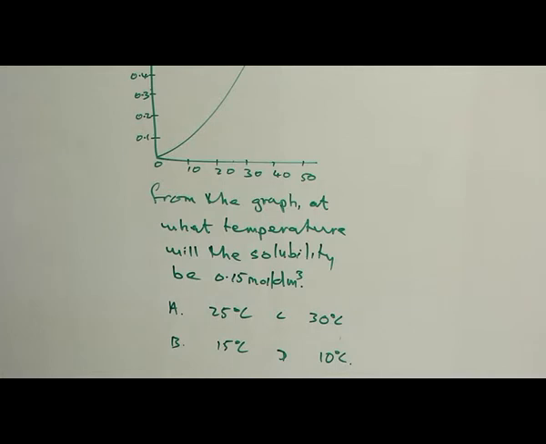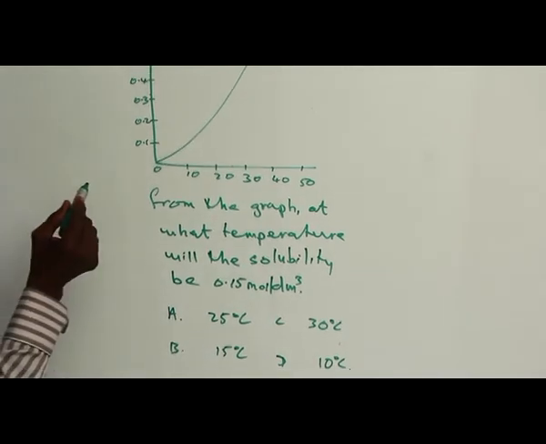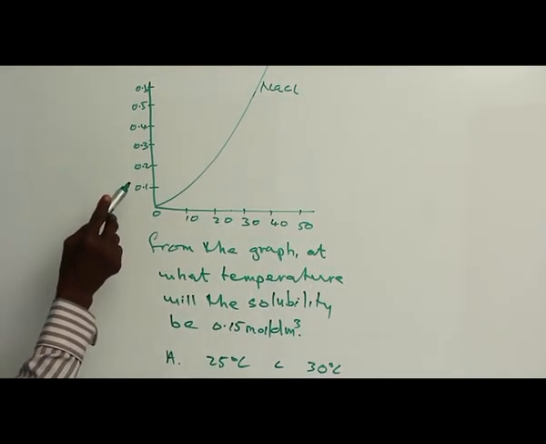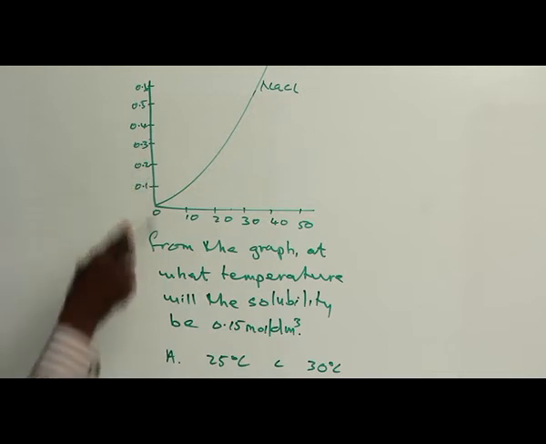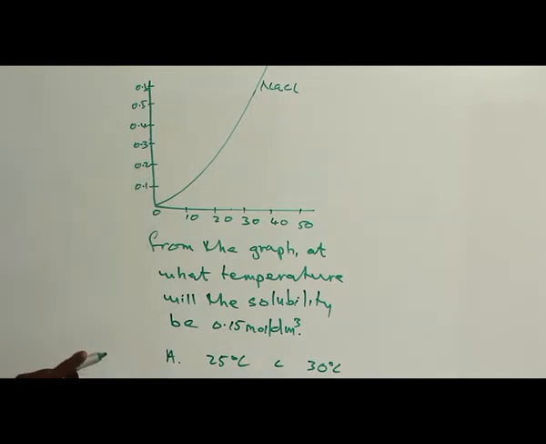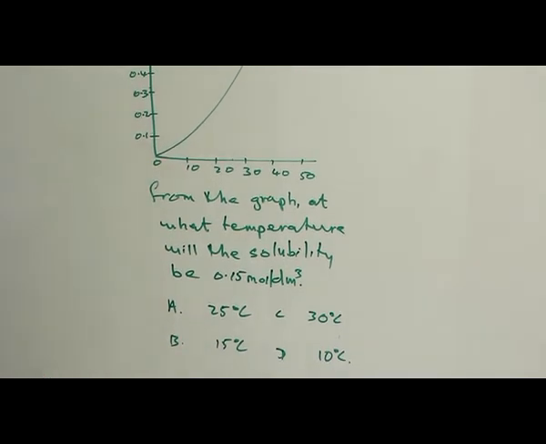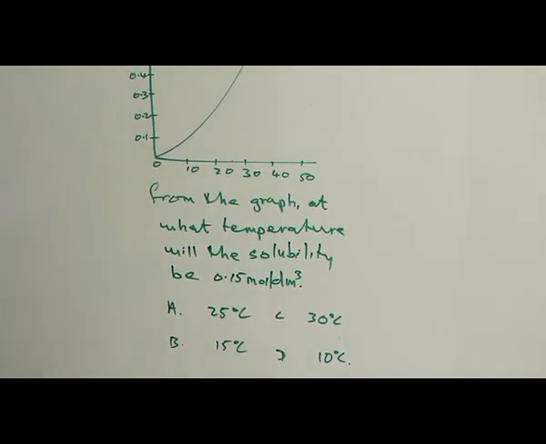When you take a look at the graph, on the solubility axis, at 0.15, when the line is drawn to the curve, and this line is produced towards the temperature axis, it falls on 15. And so, the temperature at which the solubility of sodium chloride will be 0.15 mole per dm³ is 15 degrees Celsius. And consequently, the correct option is B.